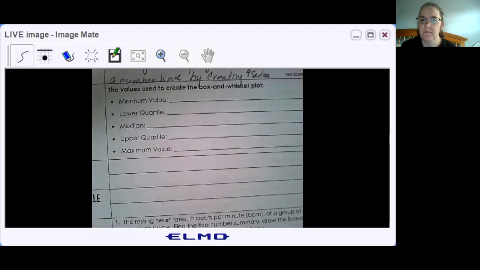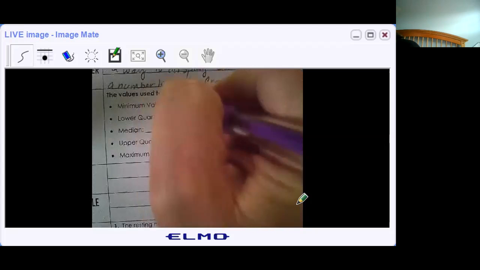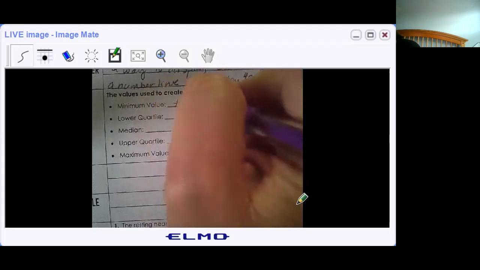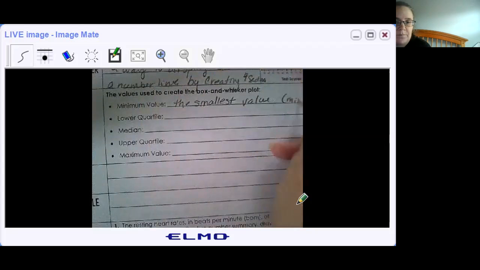So the minimum value is the smallest value. And most of the time we just shorten it to MIN for minimum, okay?